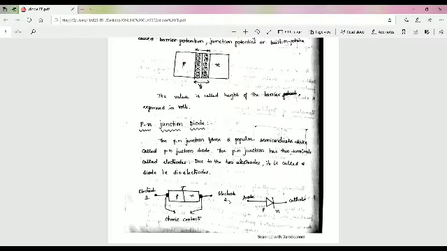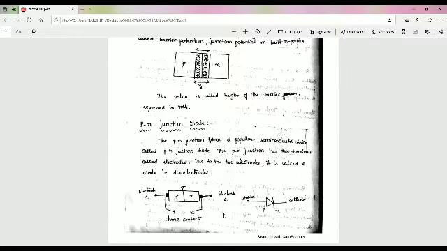Such a contact between the metal and a heavily doped semiconductor is called an ohmic contact. These two are the ohmic contacts. On the P side, this is the ohmic contact and this is electrode 1. On the N type, this is the ohmic contact and electrode 2. Such an ohmic contact has two important properties.